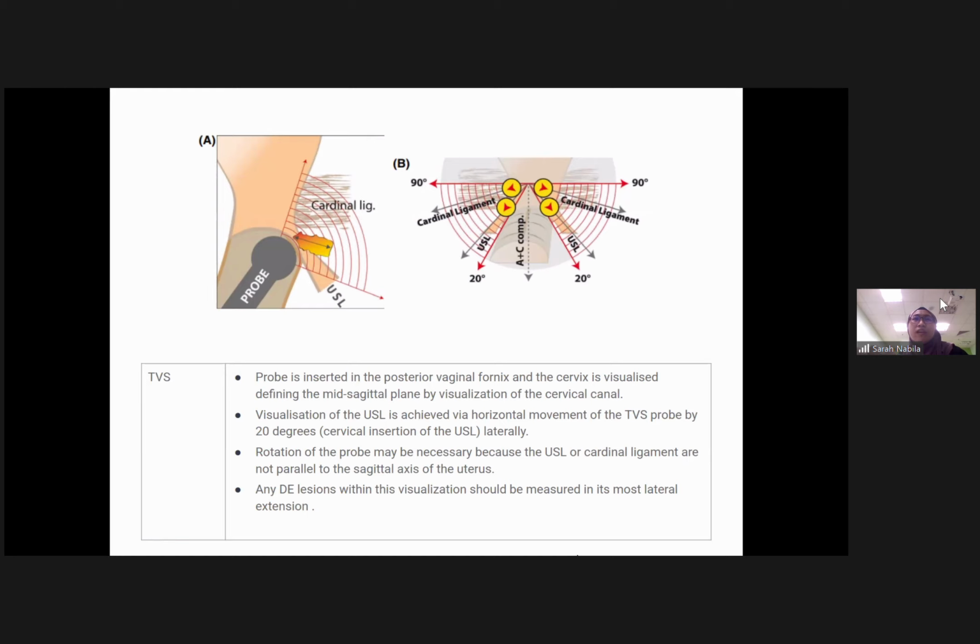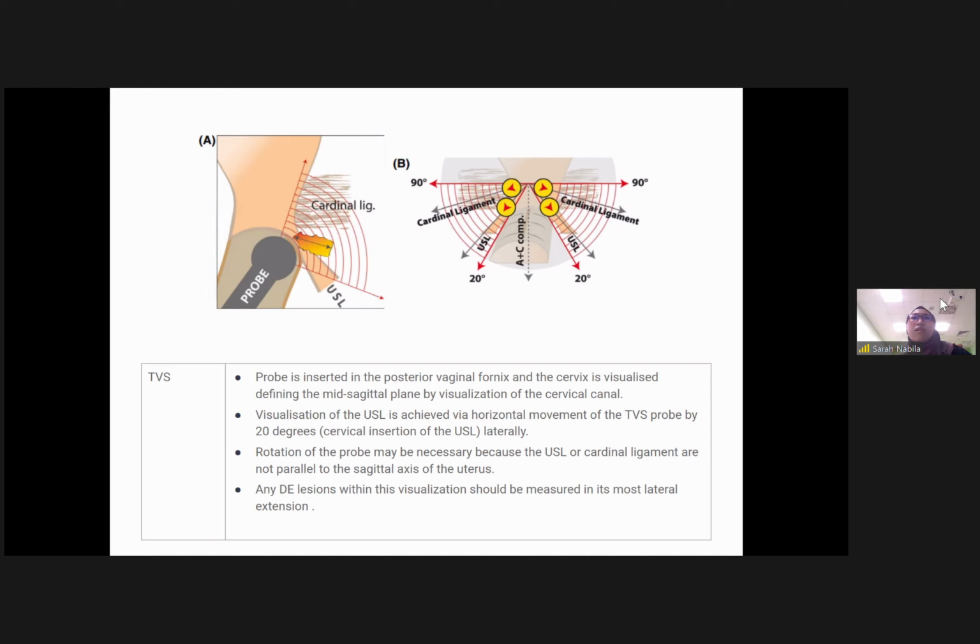So via TVS, to assess compartment B, or the mediolateral compartment, the probe is inserted to the posterior vaginal fornix and the cervix is visualized. This is defined as the mid-sagittal plane when we are able to see the cervical canal. Then visualization of the uterosacral ligament is achieved by horizontal movement of the TVS probe by 20 degrees.